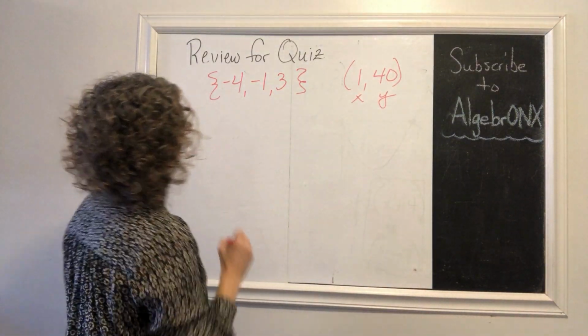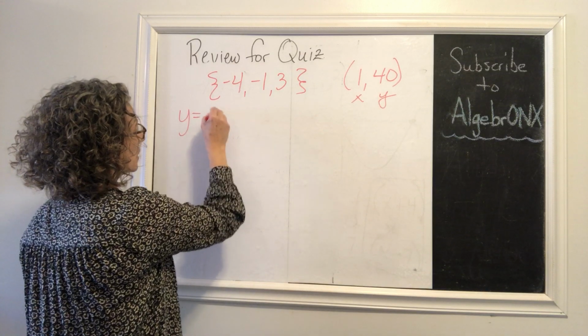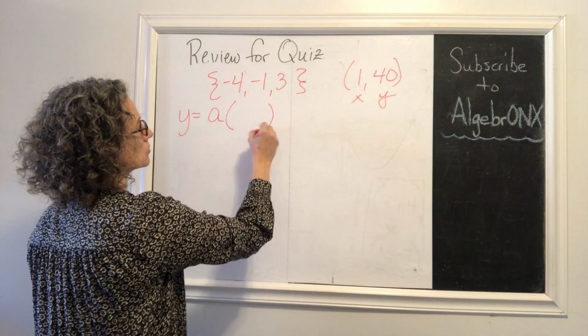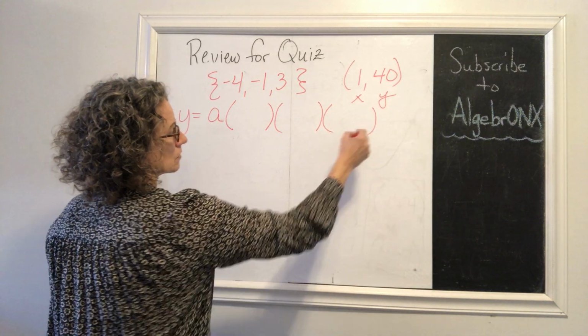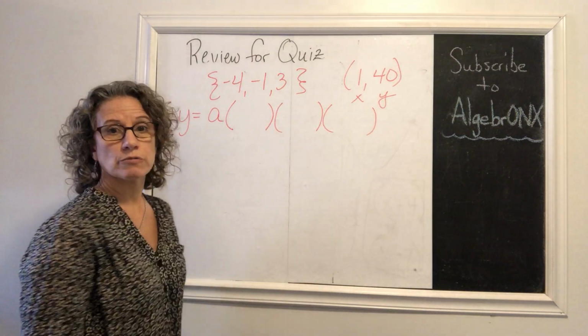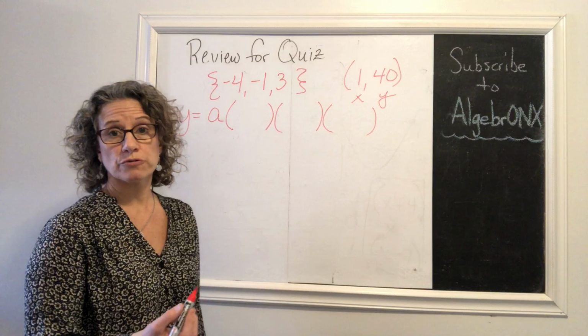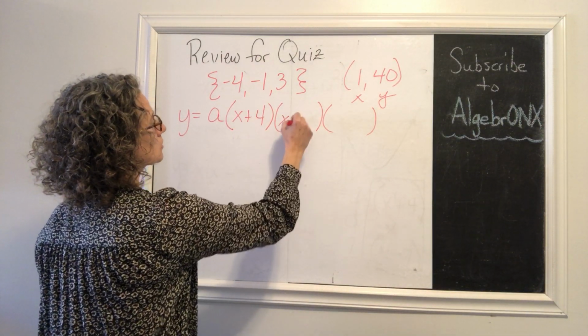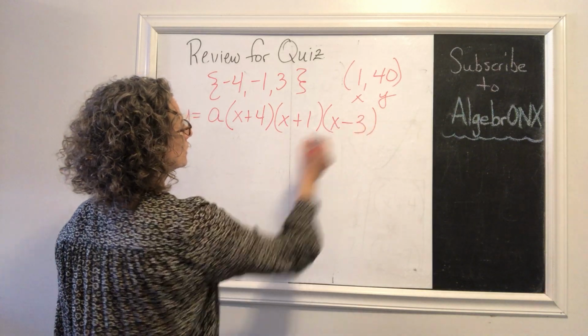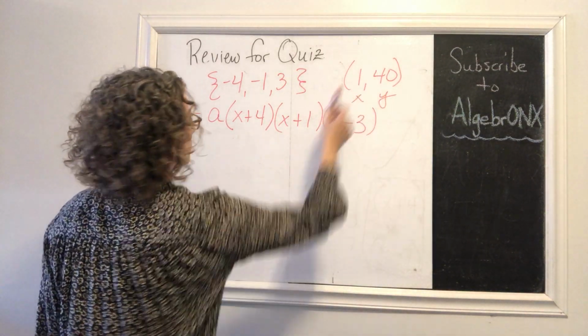Then I'm going to set this into a times your factors. There are three distinct roots or zeros of the function, so I'm going to turn them into factors. This one becomes x plus 4, this one is x plus 1, and this one is x minus 3. Now I have the point (1, 40).